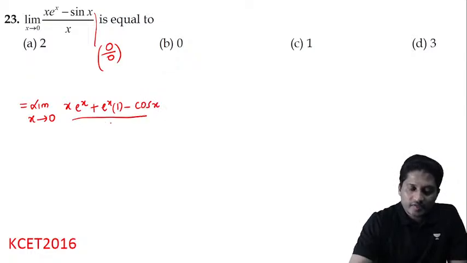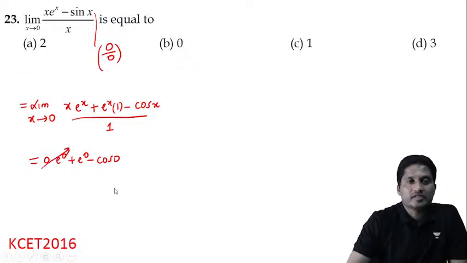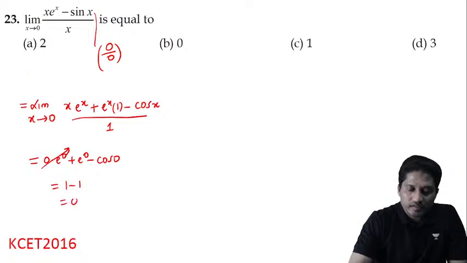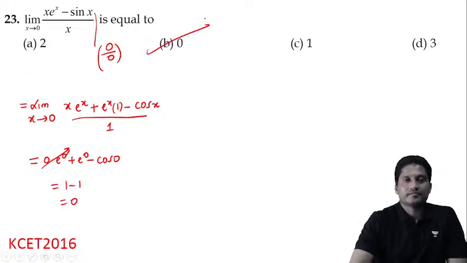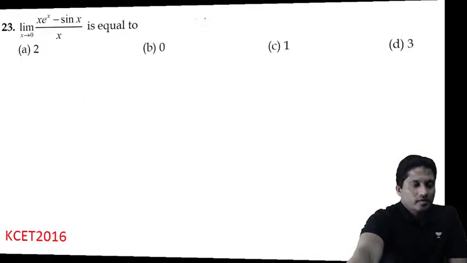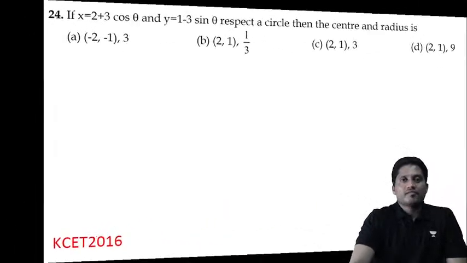Whole divided by differentiation of x is 1. Now if x is tending to 0, 0 into e power 0 plus e power 0 minus cos 0. Anyways, 0 into e power 0 is 0. E power 0 is 1, cos 0 is 1, get 0. Answer is option B. Let's move to the next question.